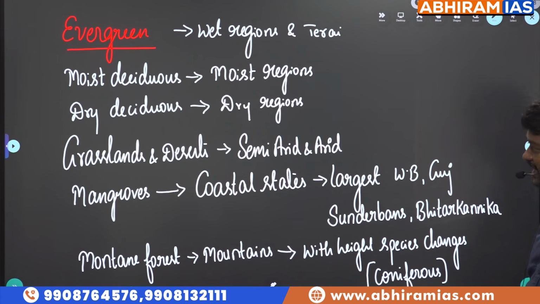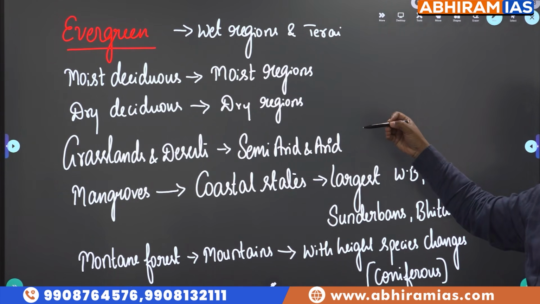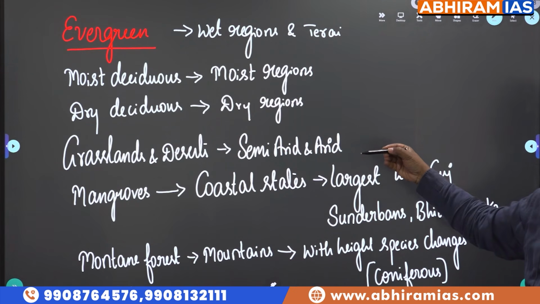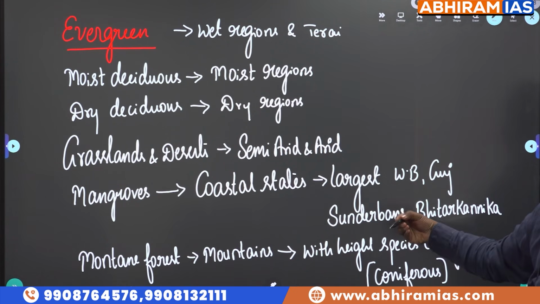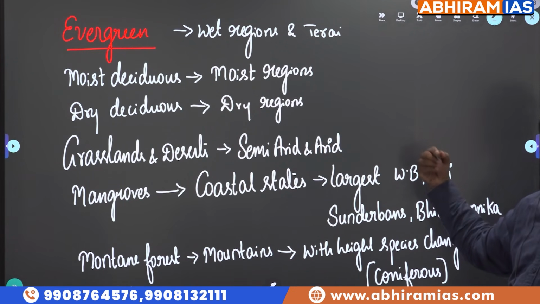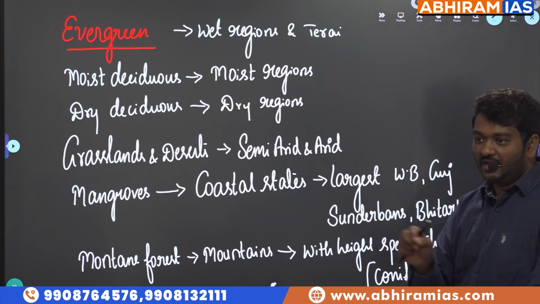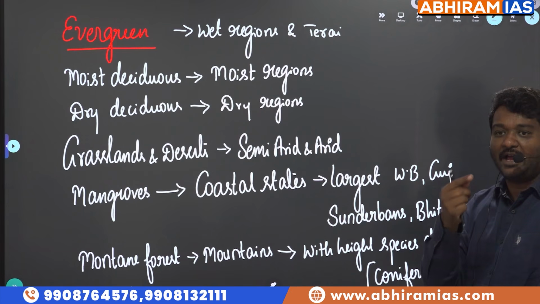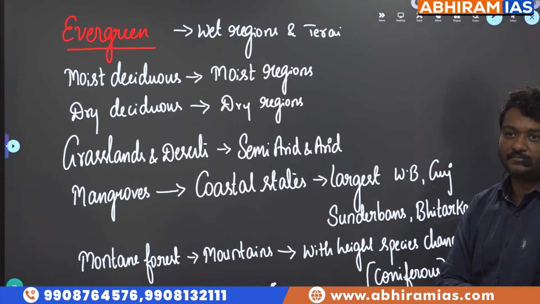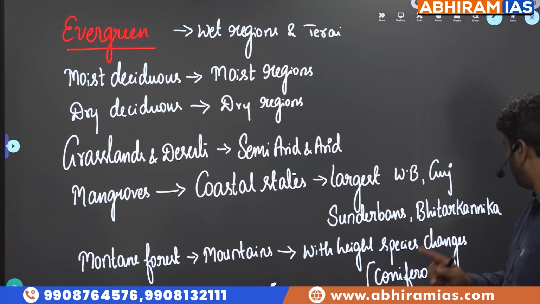In the same way, you will always have other trees also, a little bit. Near moist, dry will be there. Near dry, grasslands will be there. Near grasslands, deserts will be there. That approach will always be there. Don't get confused. We have read only this. For example, Andaman and Nicobar may have moist deciduous also. Okay, that is the point.